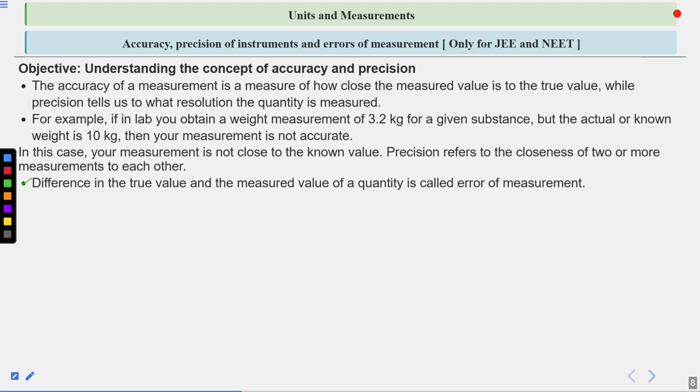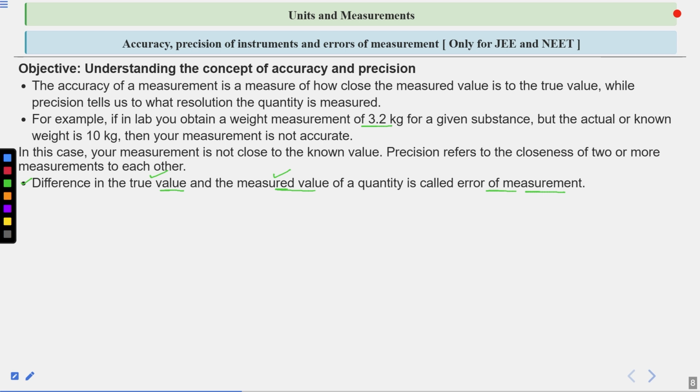The difference between the true value and the measured value of a quantity is called the error of measurement. So what is error of measurement? Difference between true value and measured value. So here the measured value is 3.2 kg and the accurate, or known, value is 10 kg.